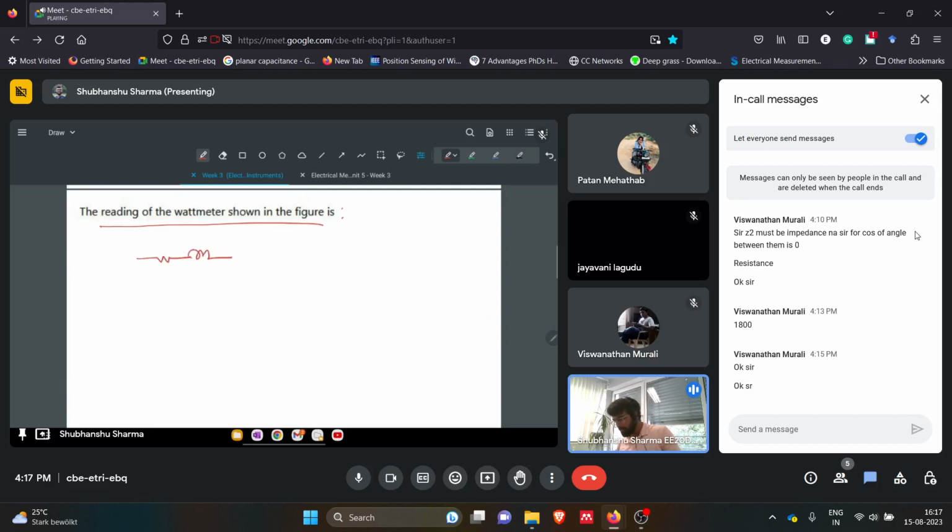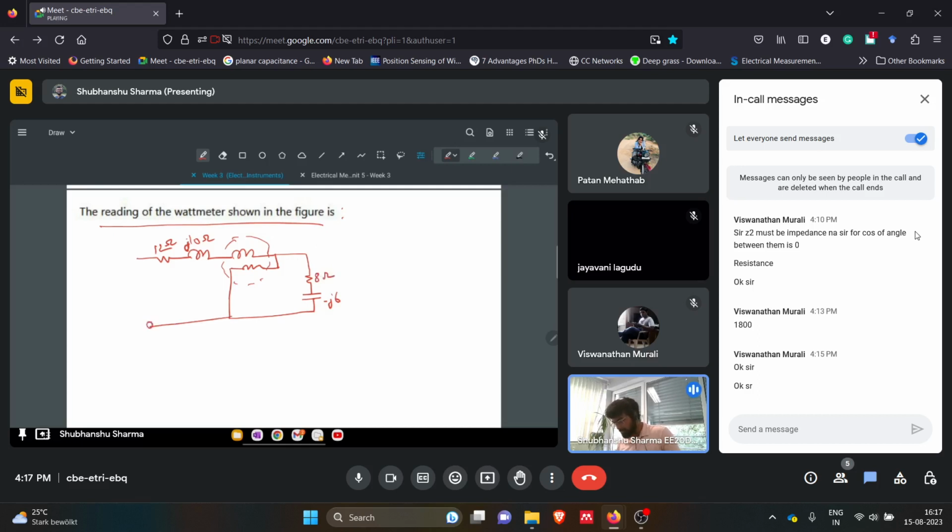So this we have J10, this is an inductor, this 12 ohms, J10 ohms. This is a current coil, this is a potential coil, this is a wattmeter in this case. Minus J6, this is 8 ohms.